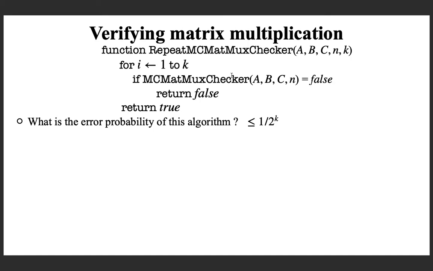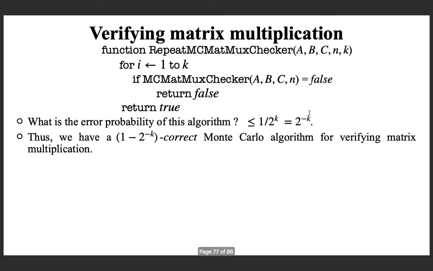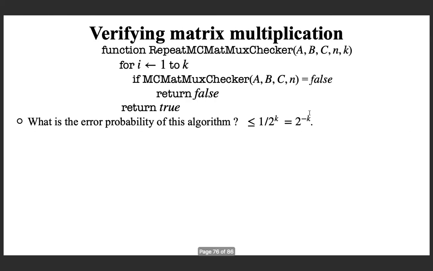Note that each returning true has probability 1/2, and for this sequence the probability is 1/2 to the power k, which can be written as 2 to the power minus k. So 2 to the power minus k is the error probability.